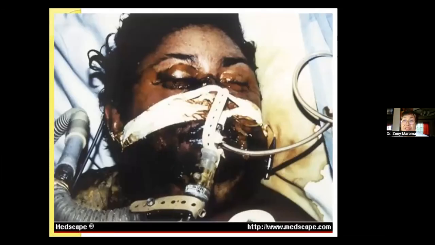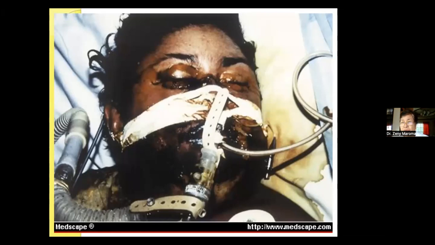Ayan ang itsura ng pasyente. Eyes, tumutulo sa mata, dugo. Ilong, tulo, dugo. Naka-endotracheal tube, nasa suction mo, blood. Lumalabas sa bibig, tumatagas, dugo. Okay. NGT, may blood rin.